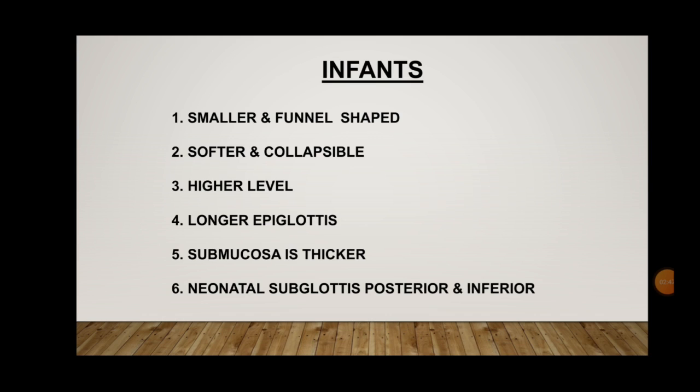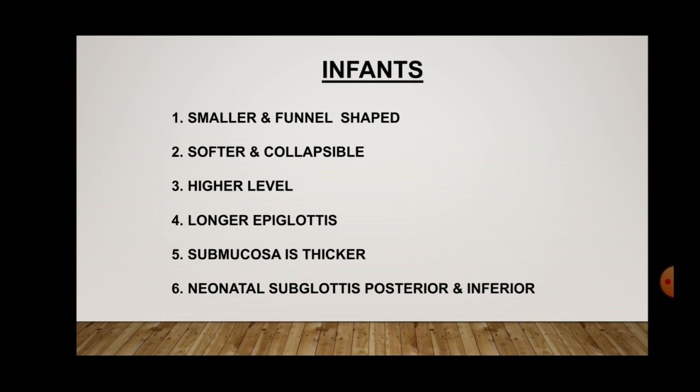This larynx is different in infants when compared to adults. How does it differ? It is smaller and funnel shaped in infants, and it is softer and easily collapsible. The laryngeal cartilages are softer in children, and it is situated at a higher level than in adults.